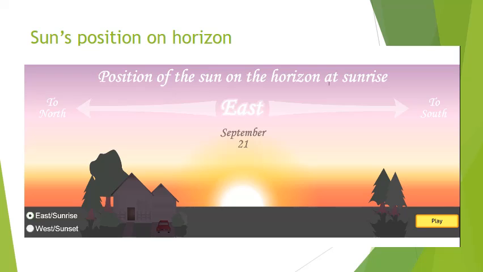And here's why. This little demonstration, this simulation here, will allow us to see the actual location of the sunrise at different times of the year. So I'm going to hit play. And notice that the sun does not rise in the same spot every day of the year. It moves quite significantly. And the ancients actually noticed this.